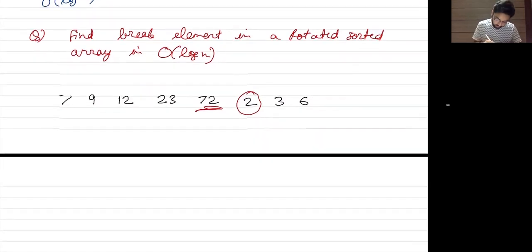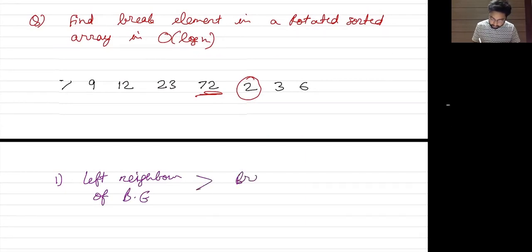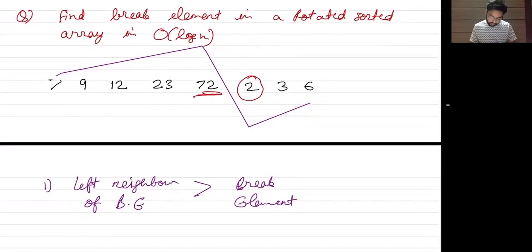So one observation is: the left neighbor of the break element is greater than the break element. Otherwise, the elements keep on increasing, and it's only at the break element that the left neighbor is greater.